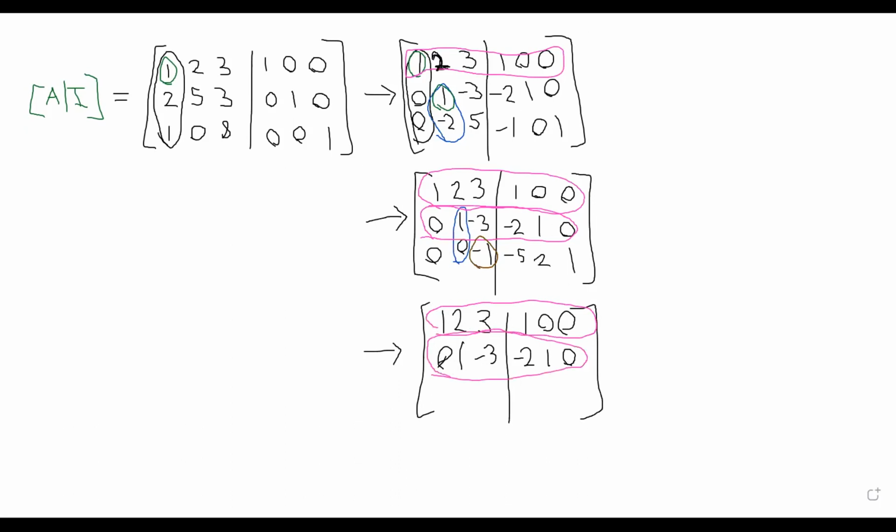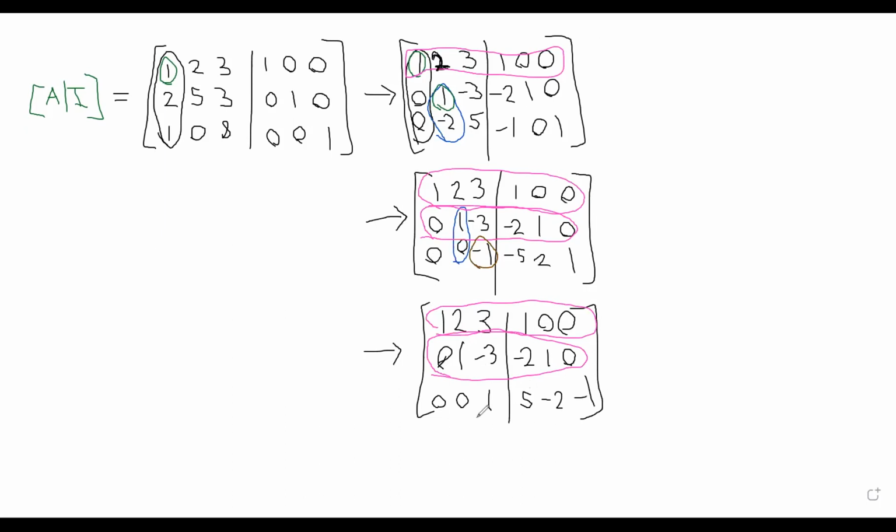And so I just want to make this -1 that I've circled into a 1. So I'm going to just divide by -1 or multiply by it. Technically, it's divide by -1. You can, in this instance, think of it as multiplying by -1. And so then 0, 0, 1, 5, -2, -1.